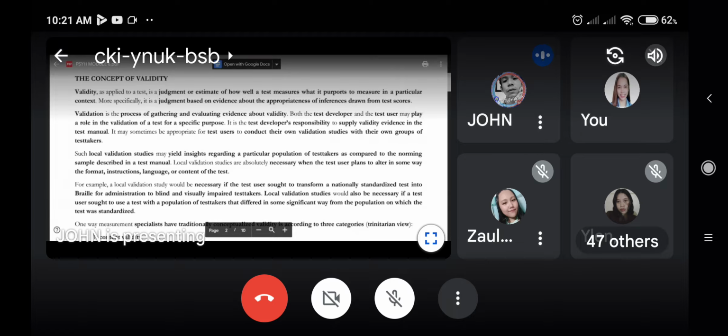So, yun po yung purpose why we are doing a local validation. Lalo na pag when you are doing a research, ano, yung mga fourth year ngayon, some of them are able to get or to adopt questionnaires with public domain. So, ito yung pwedeng gamitin, ano?